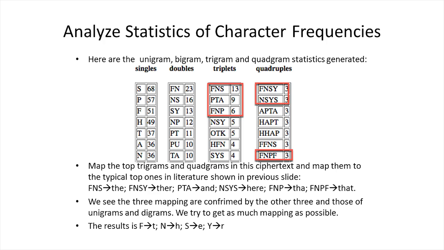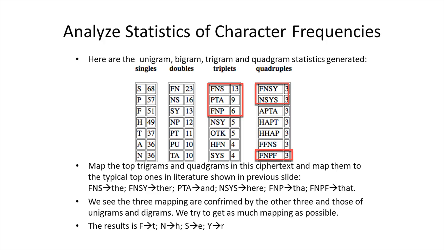We choose the following 7 mappings. First, FNS mapped to THE, FNSY mapped to THER, PTA mapped to AND in plaintext, SYS mapped to ERE, FNP mapped to THA, and FNPF mapped to the known plaintext THAT.